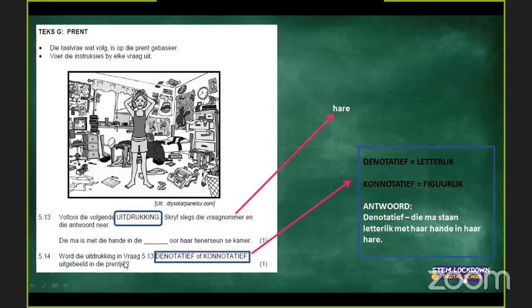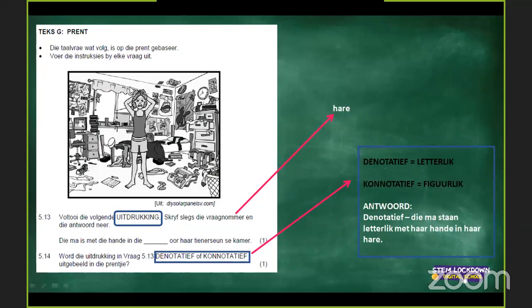So dan sê 5.14 word die uitdrukking in vraag 5.13 denotatief of konnotatief uitgebeeld in die prentjie. So the expression in question 5.13, has it been visually done in a literal or figurative manner? Okay, so the expression is figurative, but if it's depicted in the picture like we see here, is it in a literal or figurative manner? Now just quickly about the words denotatief and konnotatief. Denotatief is letterlik, it's the literal meaning. Konnotatief is figuurlik, it's figurative.